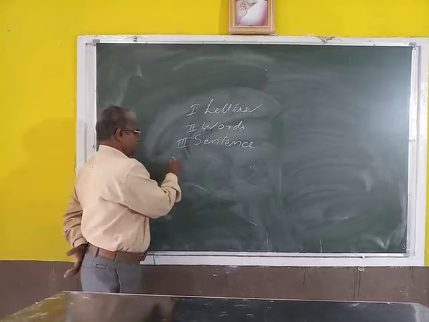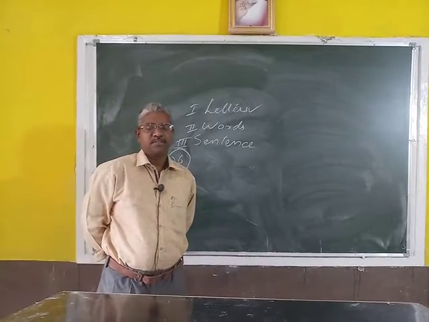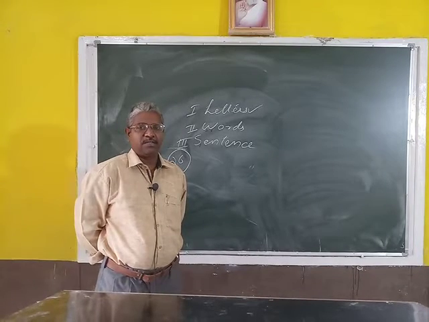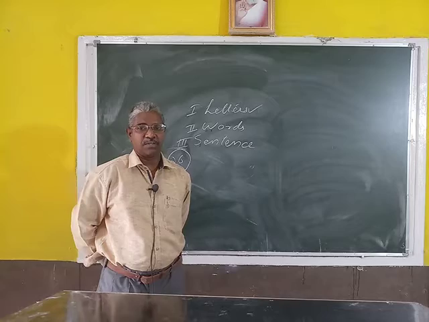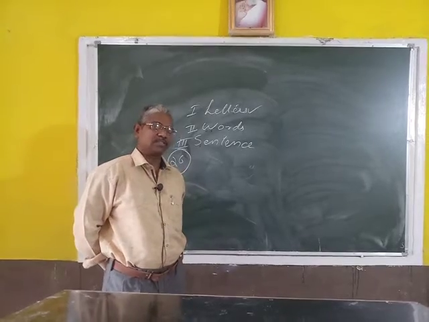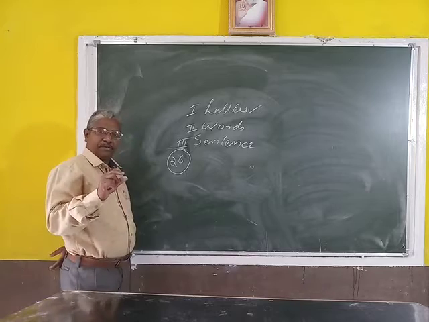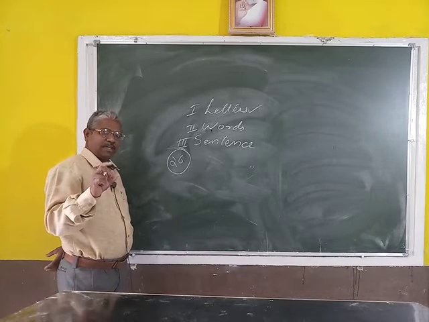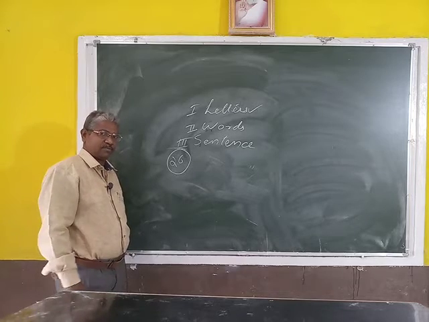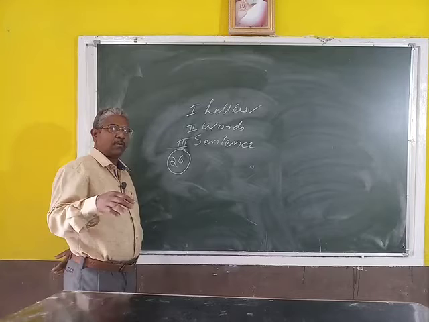You know, there are 26 letters in English grammar. 26 means 26 capital letters and 26 small letters. 26 plus 26. Or single letters. In another way, we can call them alphabet or sound. In the vowel case, we say the vowel letters.